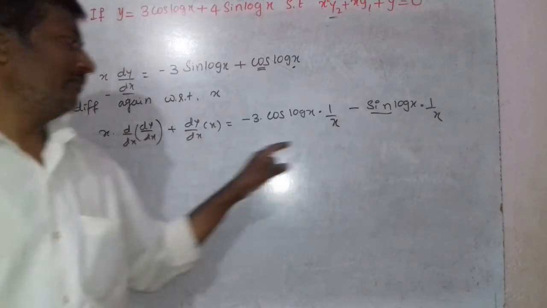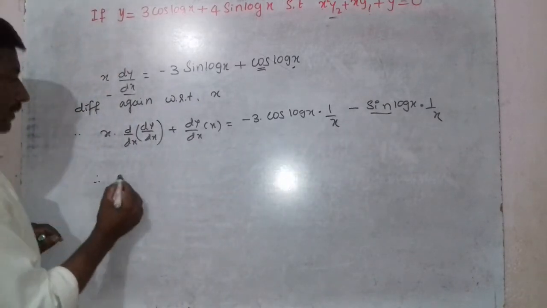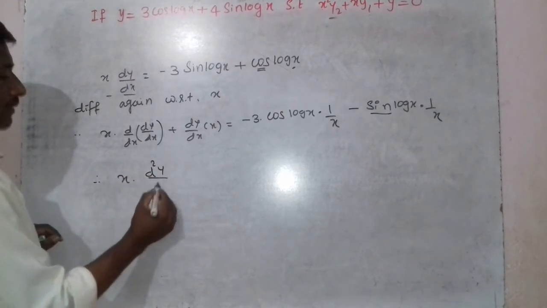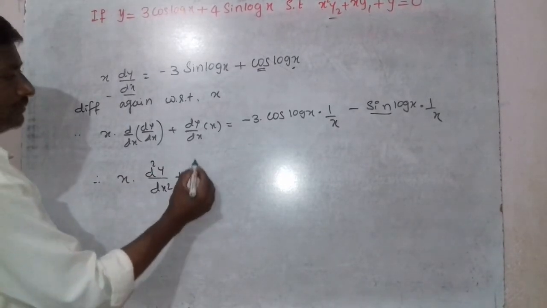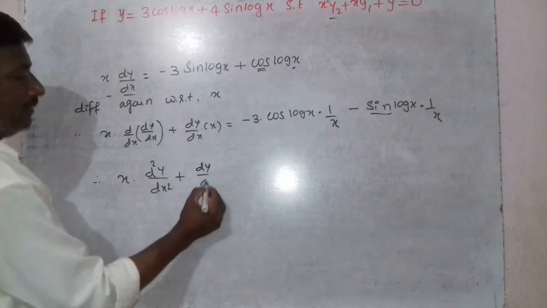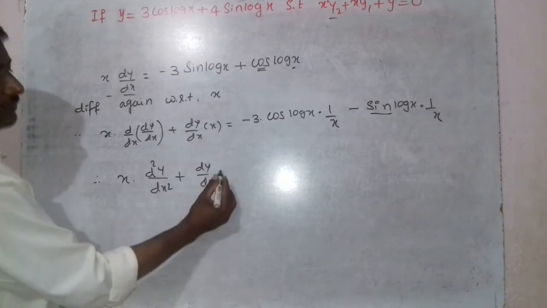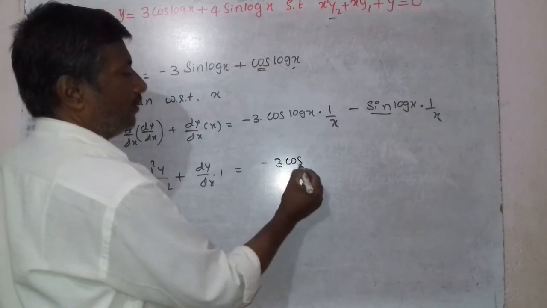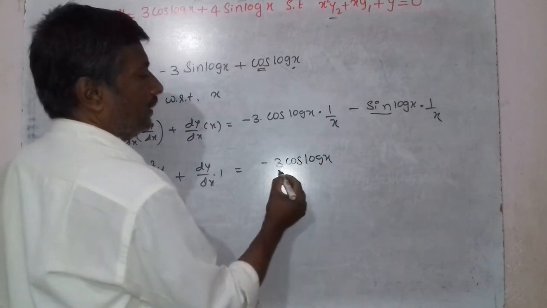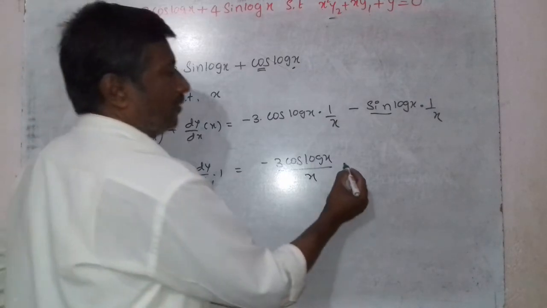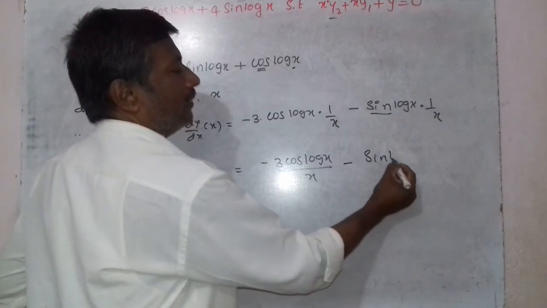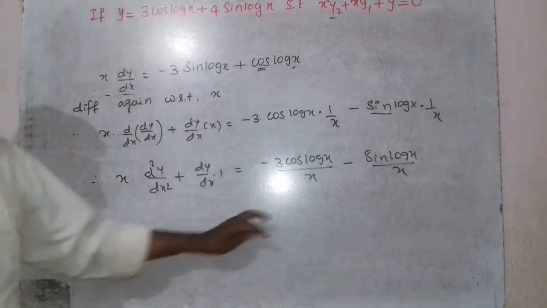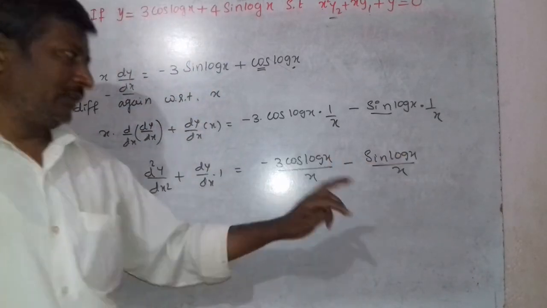Again LCM is same here, therefore x d square y by dx square plus dy by dx, derivative of x is 1, minus 3 cos log x divided by x minus sin log x upon x.